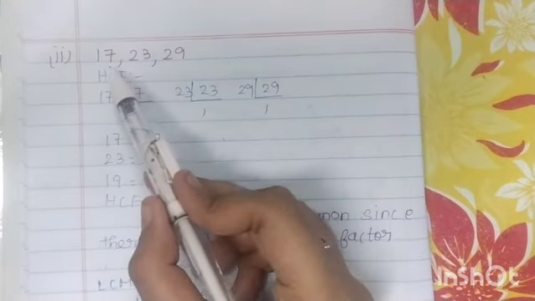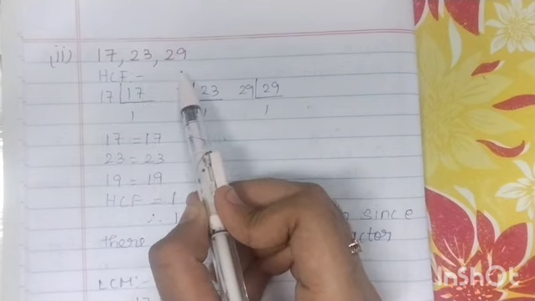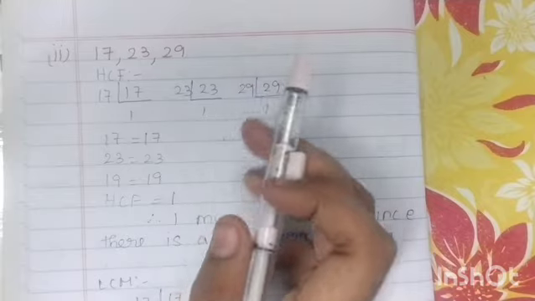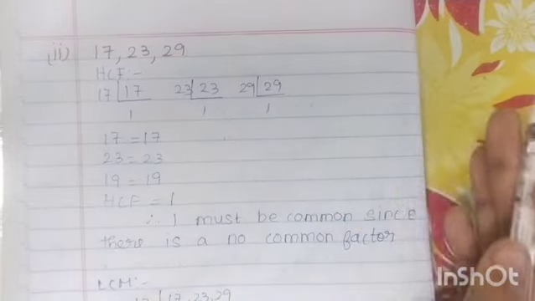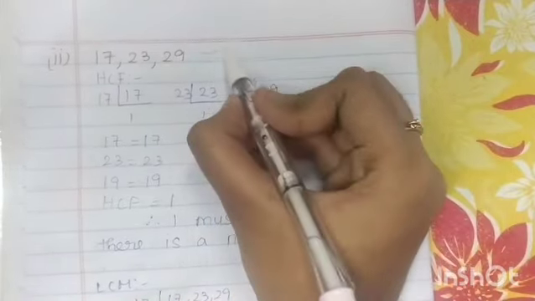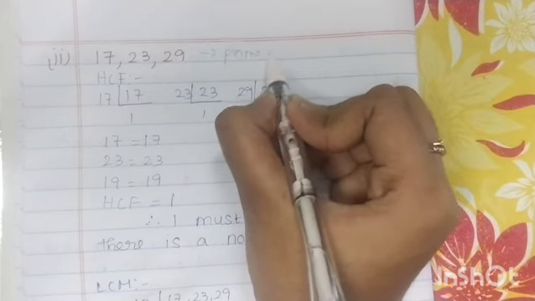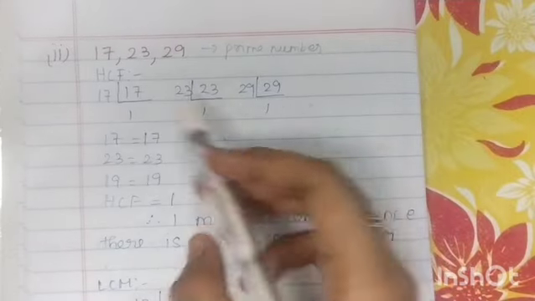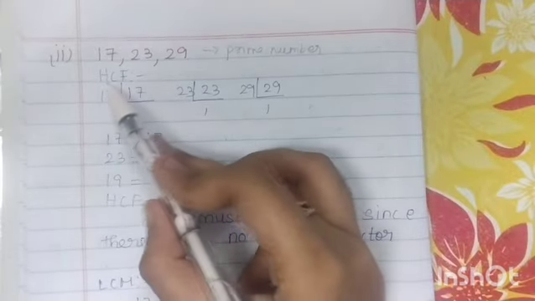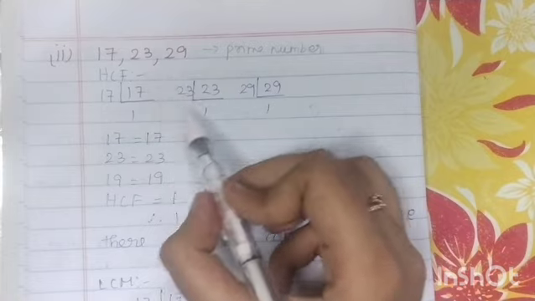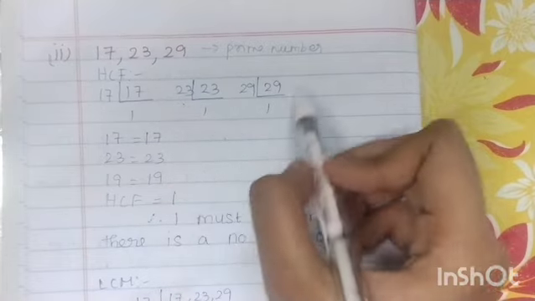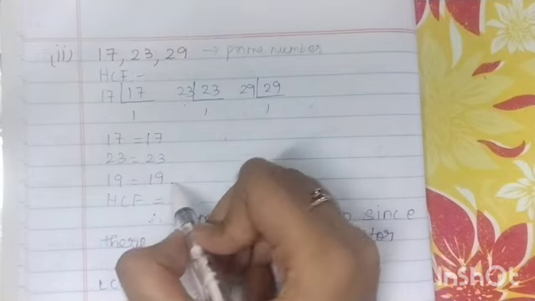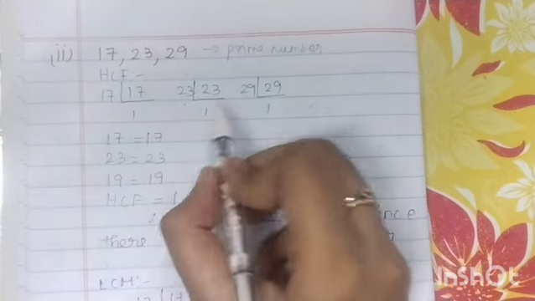Second sum: 17, 23, 29. All these numbers are prime numbers, so each is divisible only by itself and 1, right? 17 goes in the 17th table, 23 goes in the 23rd table, and 29 also the same. So there is no common factor between 17, 23 and 29.